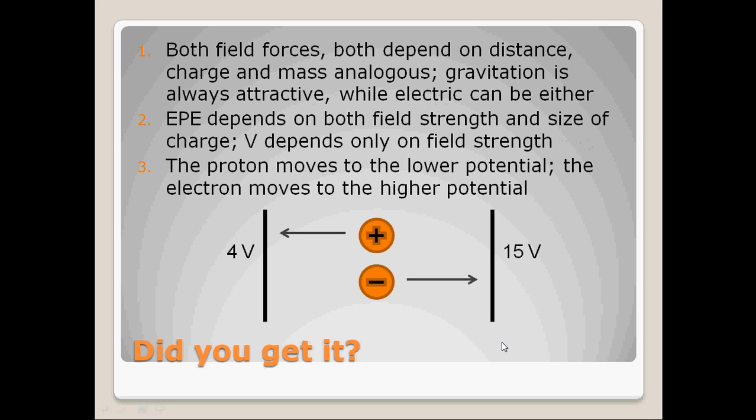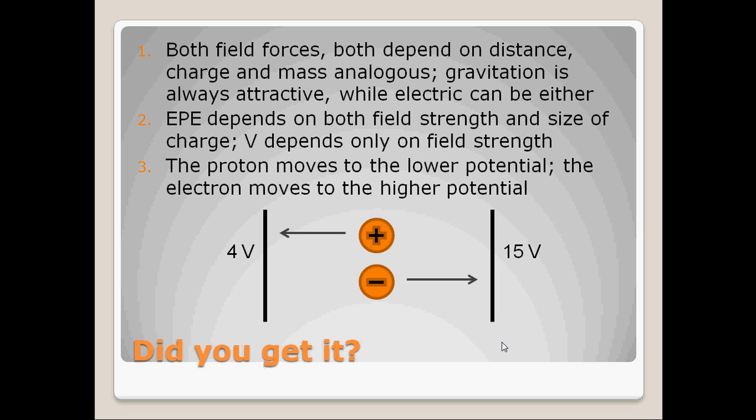All right. So first of all, just a few points of comparison between electricity and gravitation. There are many, many more. First of all, some points of similarity. They're both field forces, so they act at a distance. Both of them are inversely dependent upon the distance between our two objects. To calculate the force, we divide by the distance between them squared.